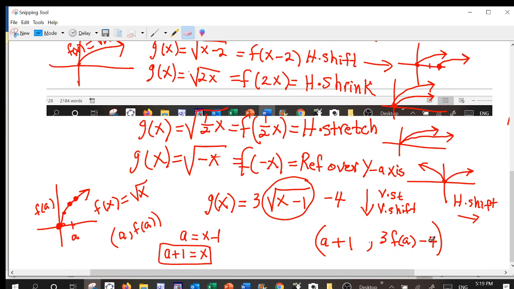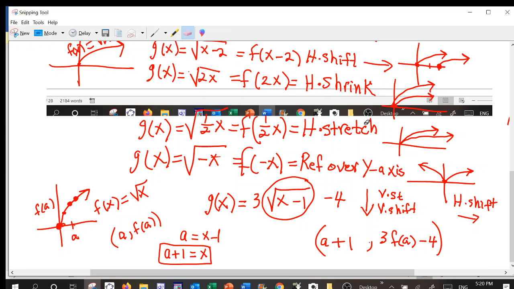So you don't want to subtract by 4 and then multiply by 3. You multiply by 3, then subtract by 4. So the order has to be exactly the order of operations here. That's the order of transformations. Same is true here. If I have 4a plus 1, then I have to multiply by 4 first and then add 1.